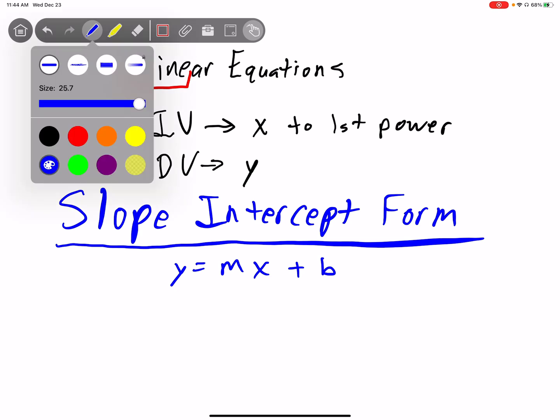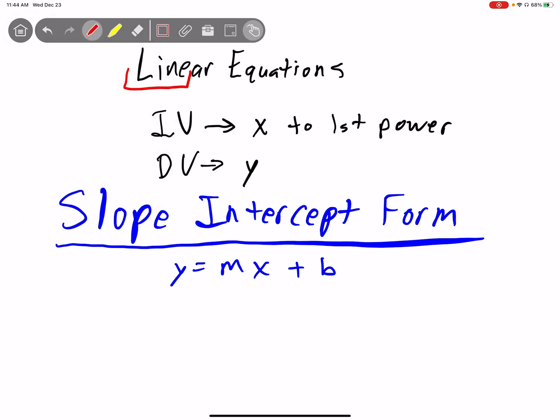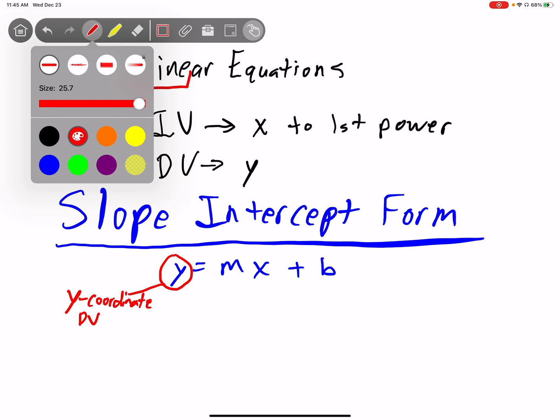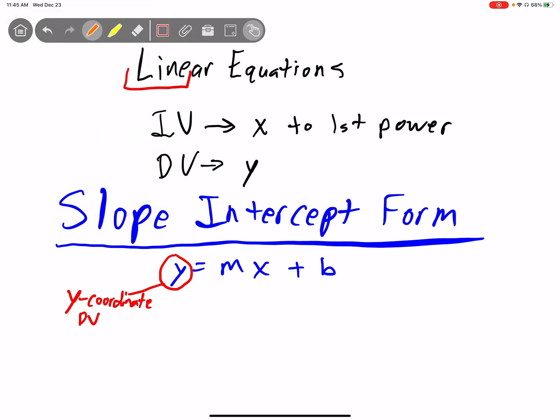So many variables. Now, what does each one mean? y is your y coordinate. This is your dependent variable. x is your x coordinate.